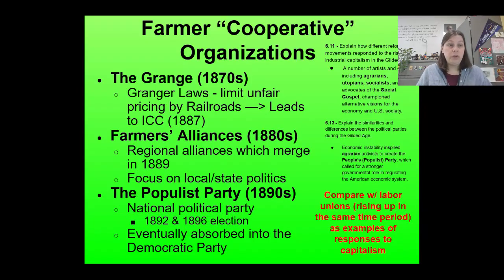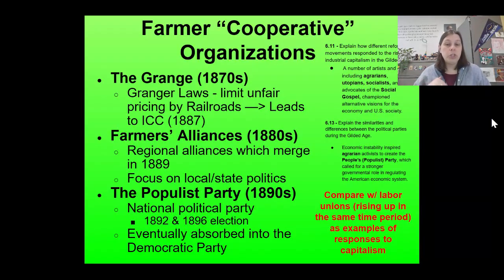So the Populist Party is very correctly associated with farmers. It comes out of these farmer movements. But the idea of the Populist Party was that it was going to be a broader political organization that would include not just farmers, but other working class reformist groups as well. And we will come back and talk a little bit more about some of the Populist Party elections later on in this set of notes when we are talking about the politics of the Gilded Age.